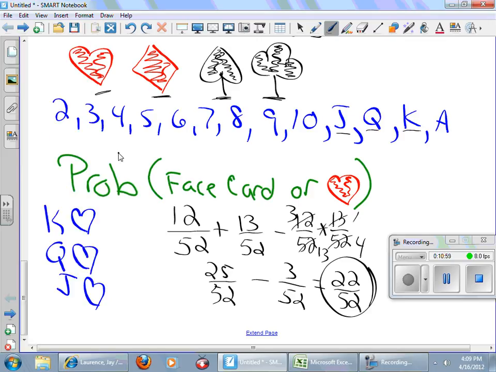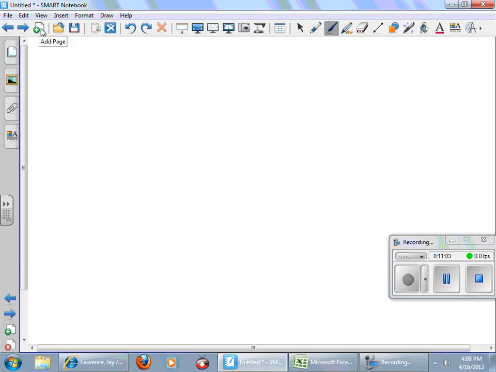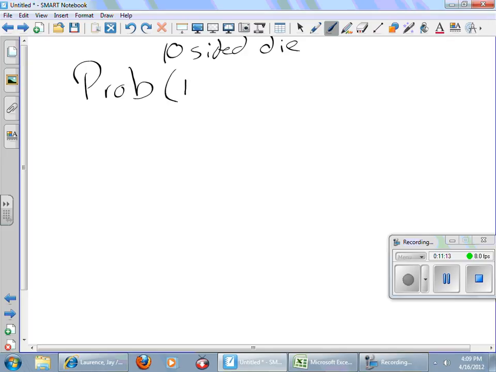All right, tomorrow I'm going to expect you to be able to do a problem, say like this. You need the probability on a 10-sided die of getting a number less than 5 or a number greater than 10.